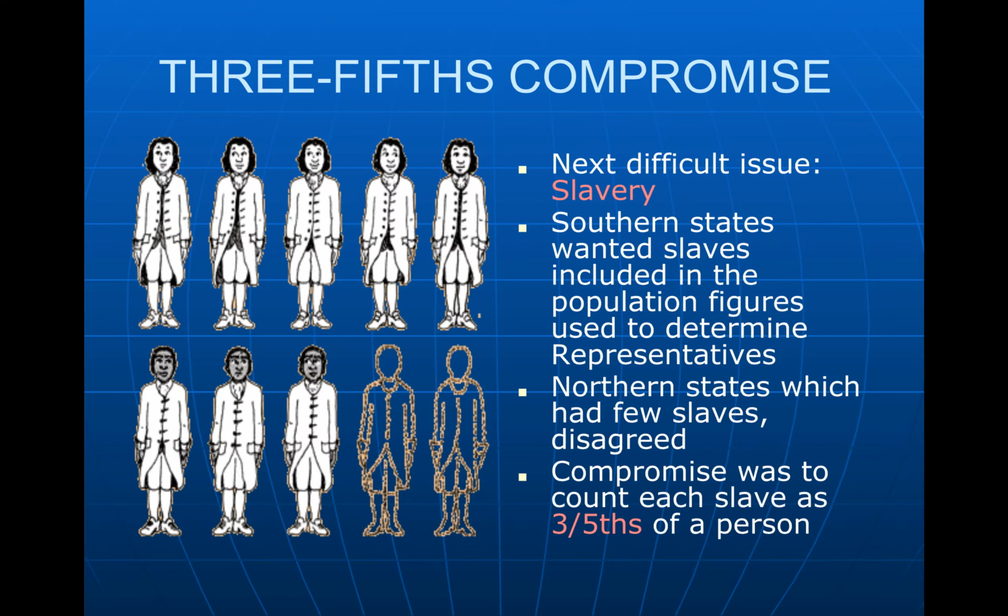The southern states obviously wanted the slaves counted in the population because that would give them more representation in the House of Representatives. So in order to compromise on this issue, they came up with the 3/5 compromise, which counts the slaves as 3/5 of a person.